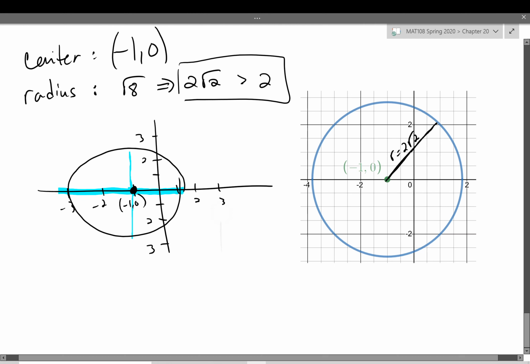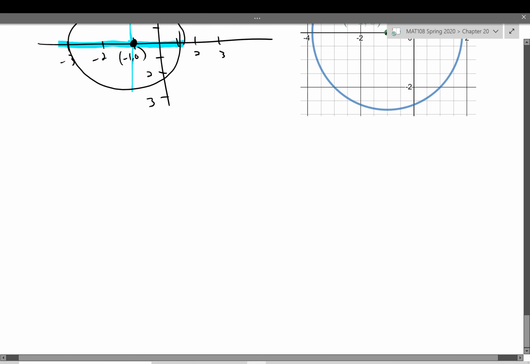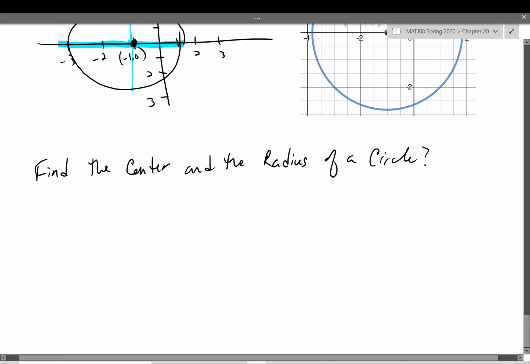All right? So the next thing we're going to learn, all right, well, how do we find the center and the radius of a circle? Okay? All right, so I think the easiest way, let's just dive right into an example.